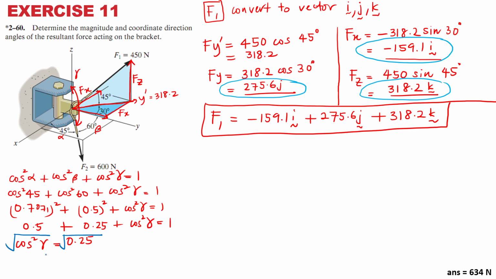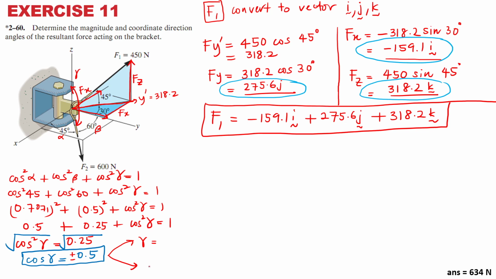So once you've done that, you're going to get cos gamma is equivalent to square root of 0.25, which is equivalent to 0.5. Since it is square root, you have positive and negative values. So solving this one, you're going to get two values.